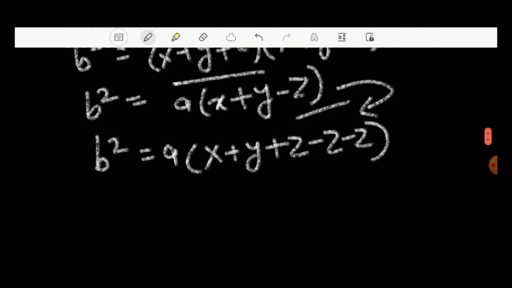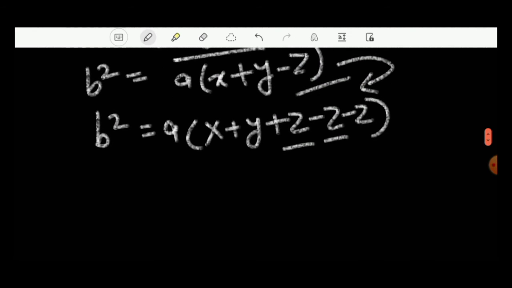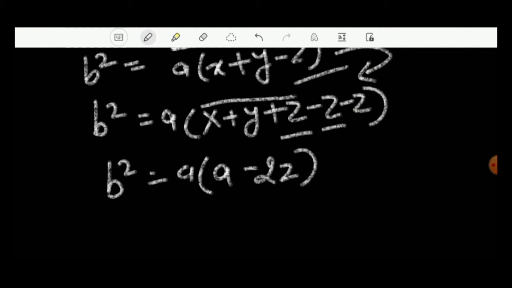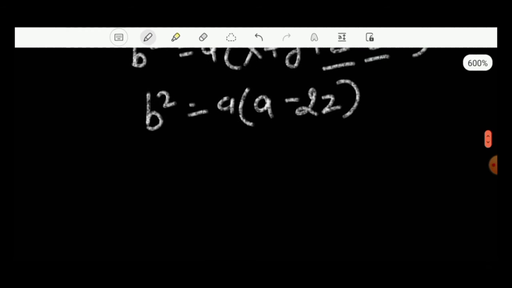We just added and subtracted the same term, so we'll get b square is equal to a multiplied by x plus y plus z, we know its value, which is a, minus, we can add these two terms, we obtain 2 multiplied by z, and from here we can evaluate the value of z.